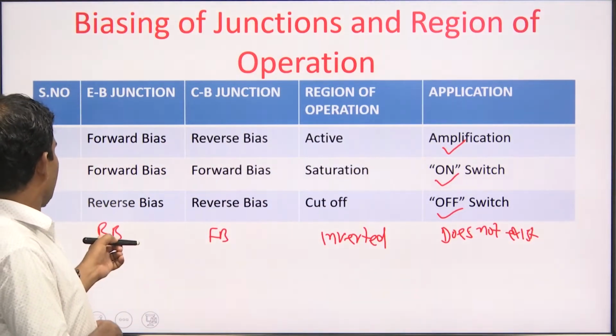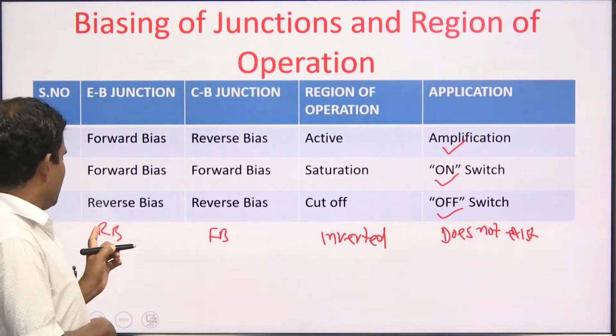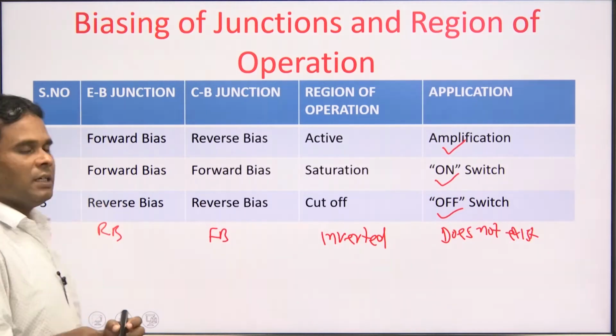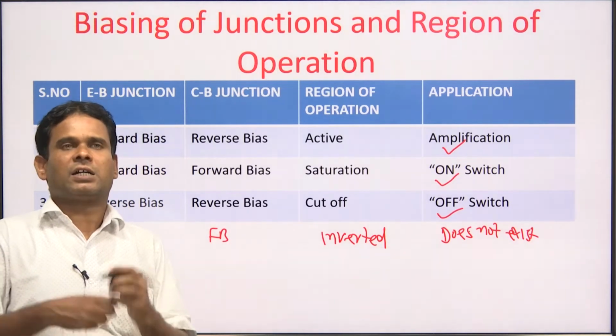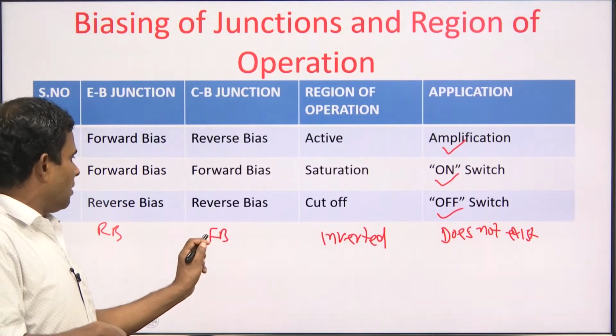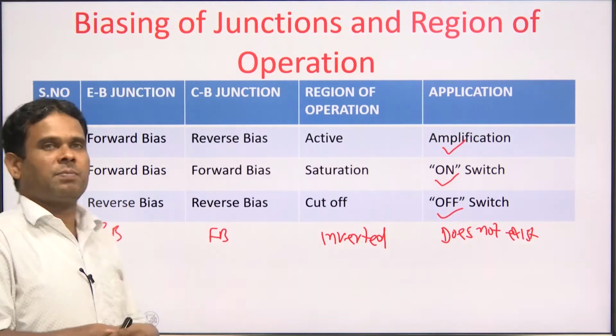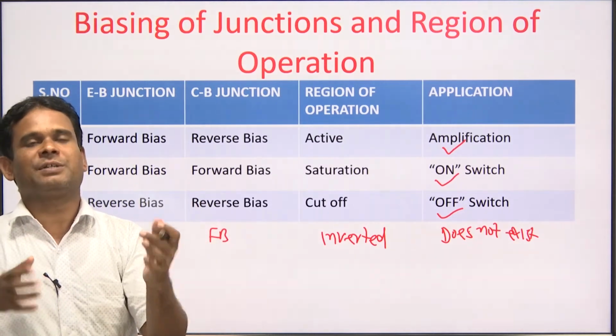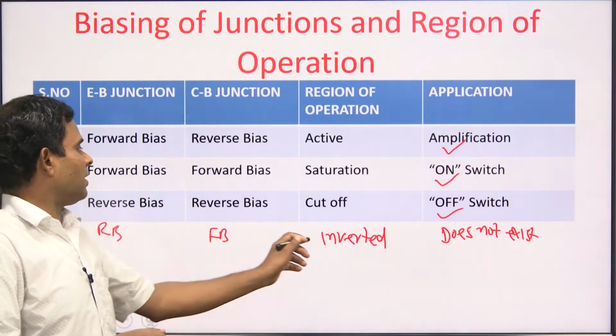Because if we reverse bias the emitter-base junction, what will happen here? The emitter layer will try to collect the majority charge carriers, and if we forward bias the collector-base junction, then the collector will try to emit the majority charge carriers. This means this is the opposite function, so it is called inverted.